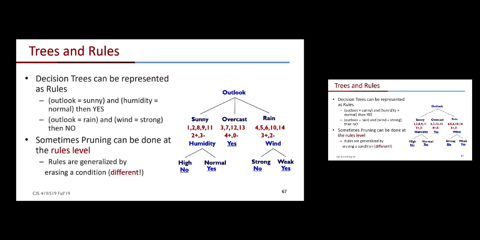The important thing to realize is that if you prune at the rules level, so you look at a rule, what does it mean to prune a rule? Make a rule more general. A rule is really a conjunction of things, right? Outlook equals sunny and humidity equals normal. Removing one of the conjuncts will make it more general.